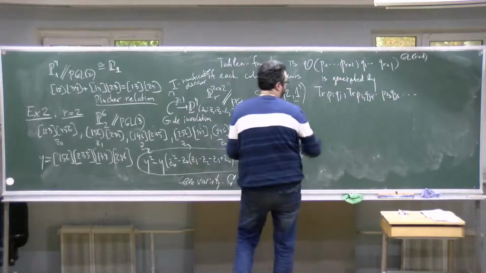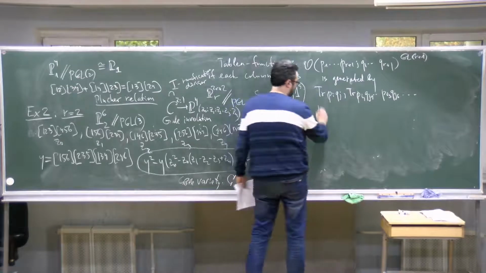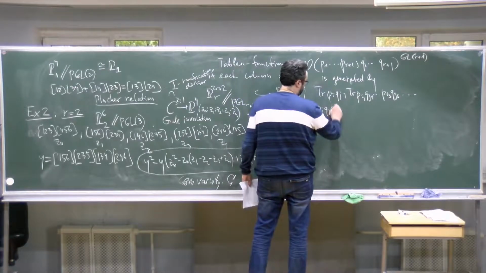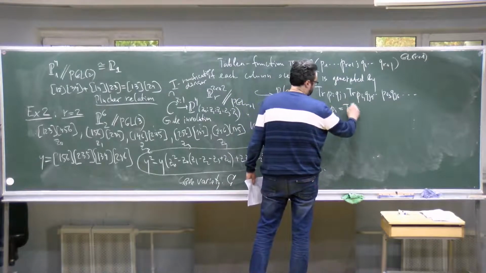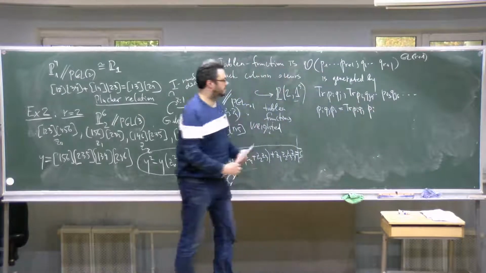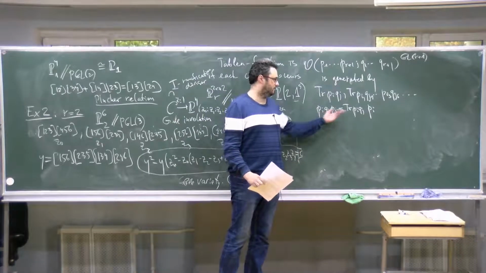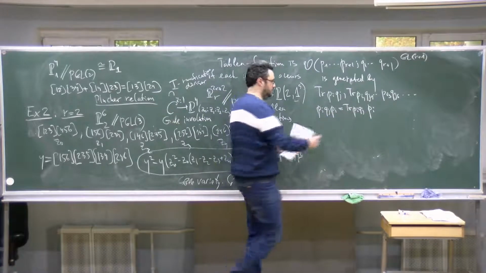Also these projectors are of rank 1, and we have the following condition. This is because Pi and Qj are of rank 1.